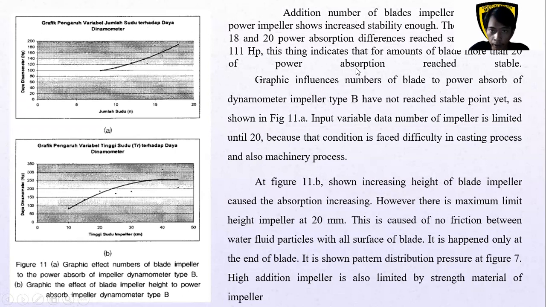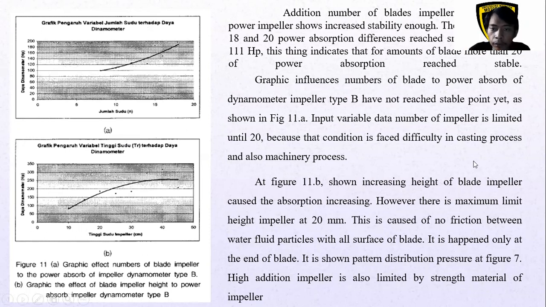This indicates that for more than 20 blades the power absorption becomes stable. This is a graphic of the influence of the number of blades on the power absorbed by the dynamometer. Impeller type B has not reached the stable point yet, as shown in figure 11.